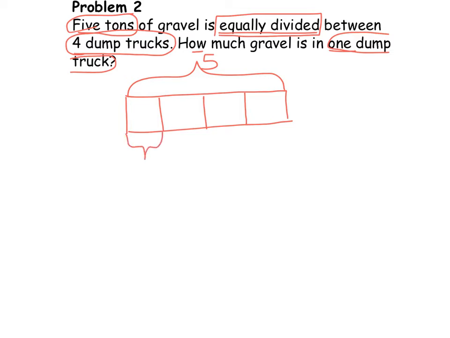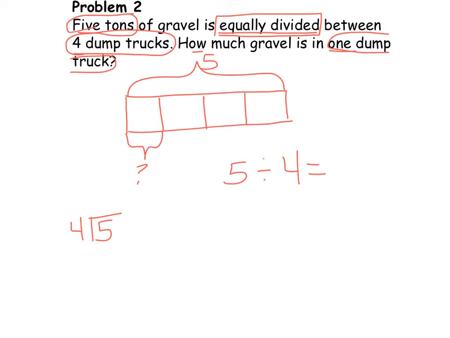So I know I have a total of 5. So 5 equally divided into 4 dump trucks. So now I've got to solve this. So 5 is my dividend. 4 is my divisor.